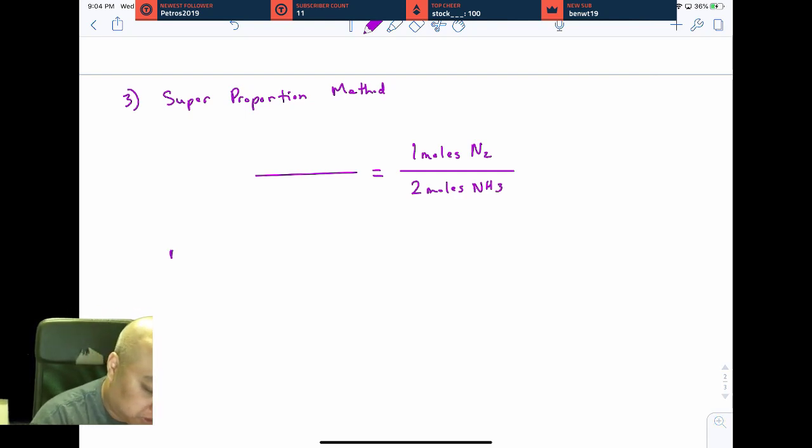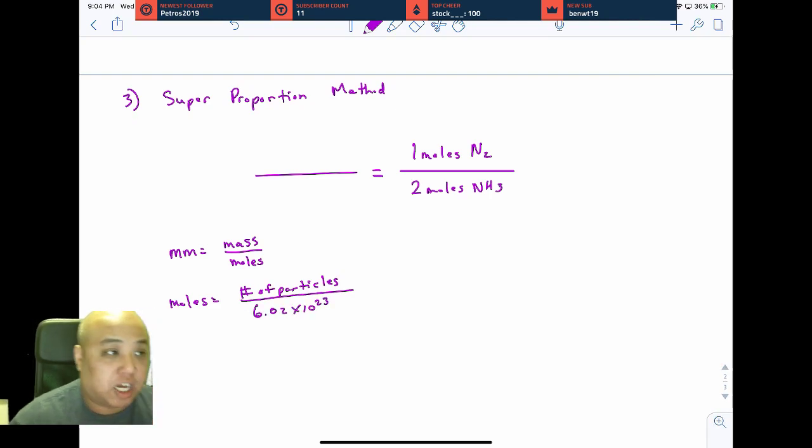Like you can say molar mass equals mass over moles, or moles equals number of particles over Avogadro's number.